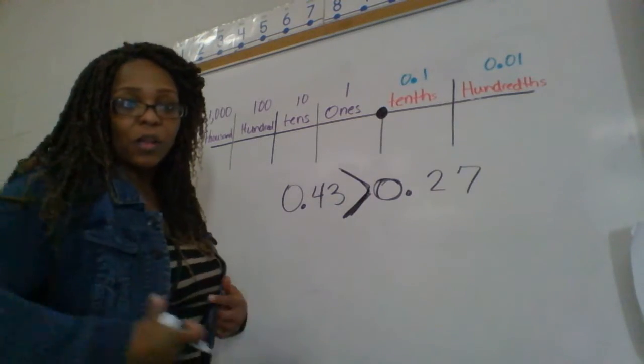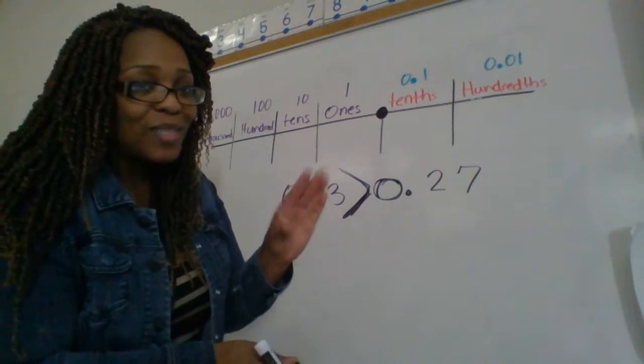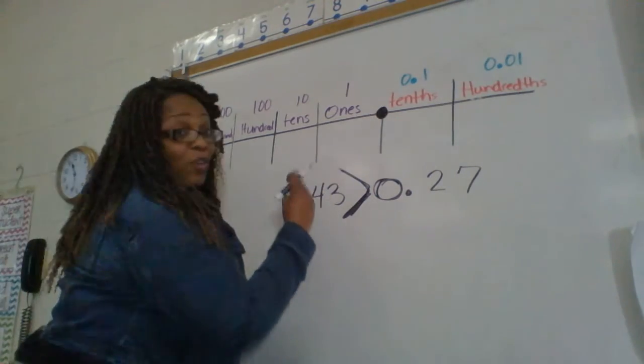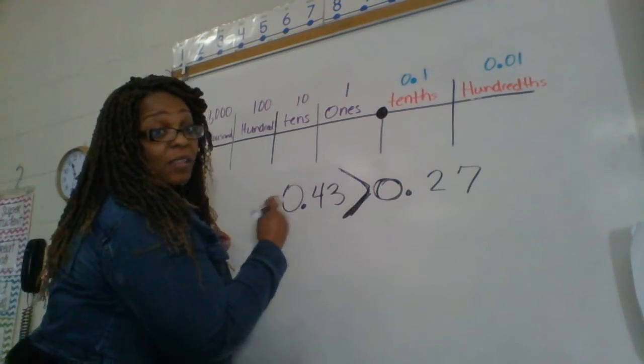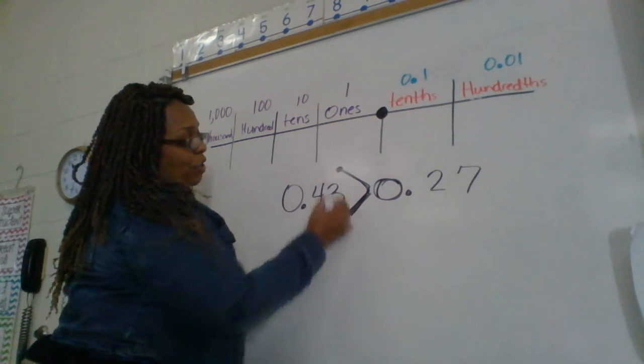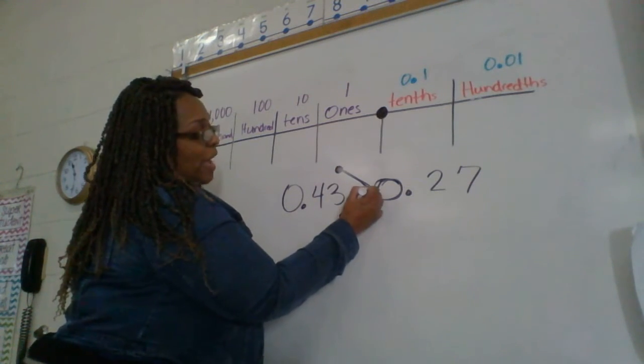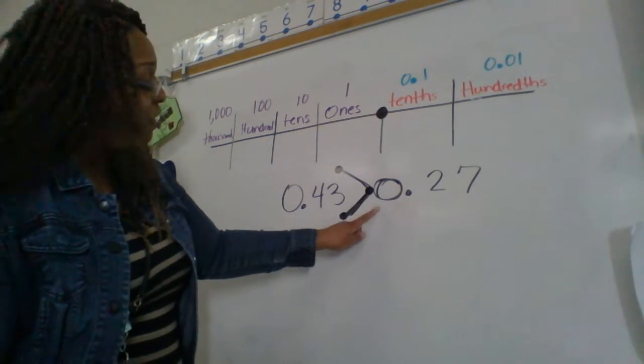And I saw another teacher one time say, if you can't remember where the mouth goes, which one it eats. Of course, I always say it eats the one that is the biggest. You can think of it as this. This number, 2 dots on this side, and 1 dot on that side. This is the smaller number.